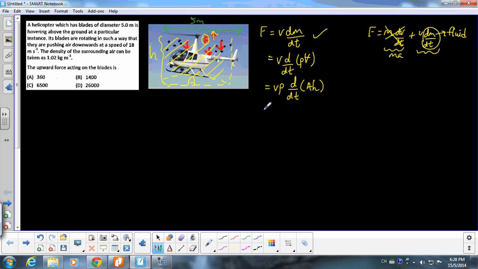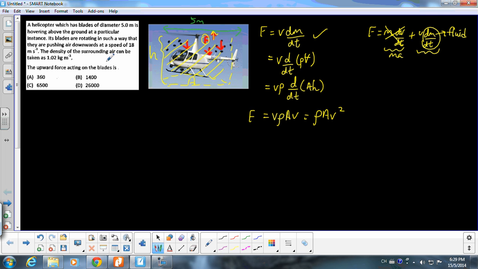Because the area formed by the blade is a circle, which is a constant, we can take out the A, so v rho A dh/dt. What is dh/dt? It is the rate of change of height over time, which is velocity. So we get rho A times velocity times velocity, velocity squared.